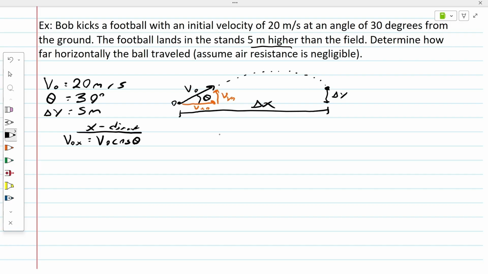And so when we're working in this x direction, we see that there's no air resistance. So that means that there's going to be nothing in the x direction accelerating this ball. So the acceleration will equal 0.